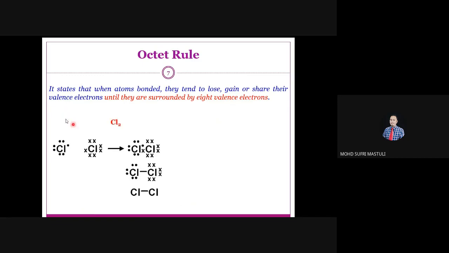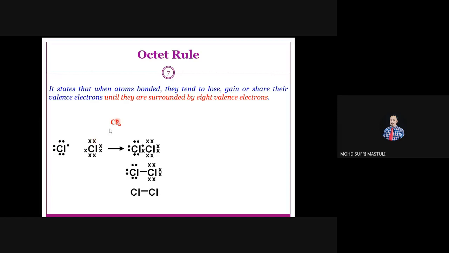So this is the example of the octet rule for chlorine. We know chlorine, Cl2, comes from group 7. So chlorine has 7 valence electrons.